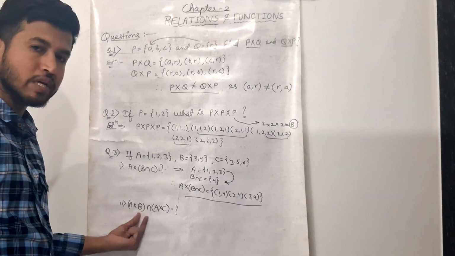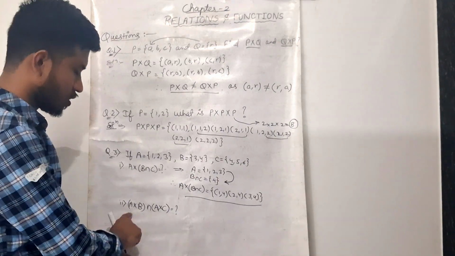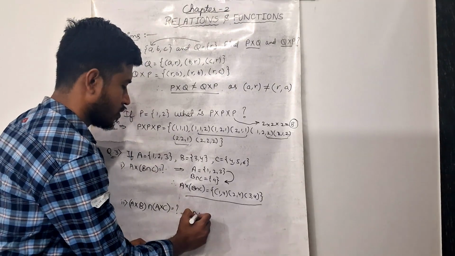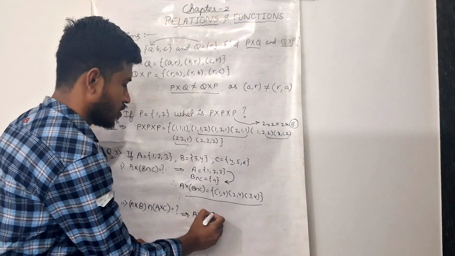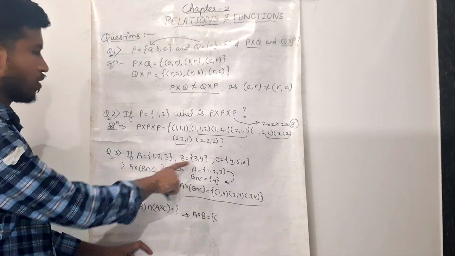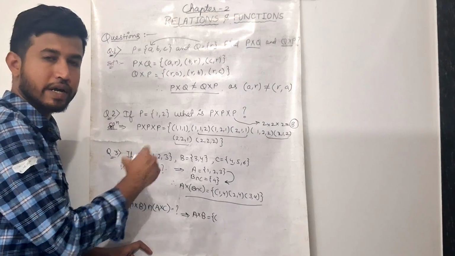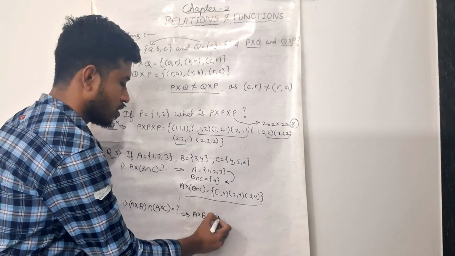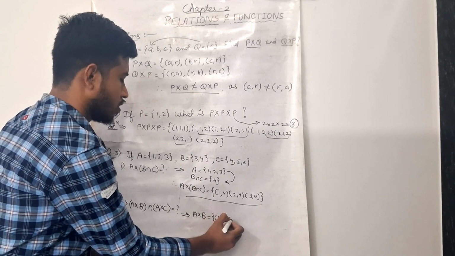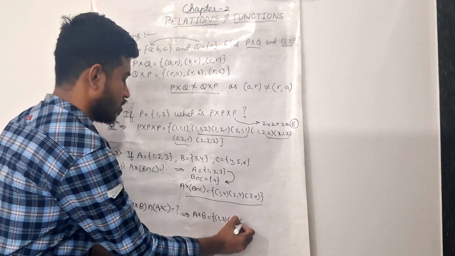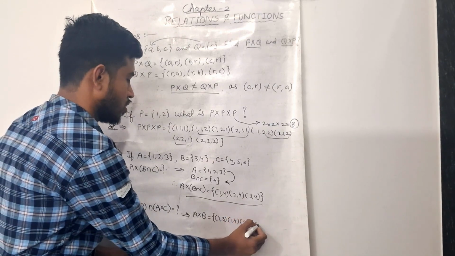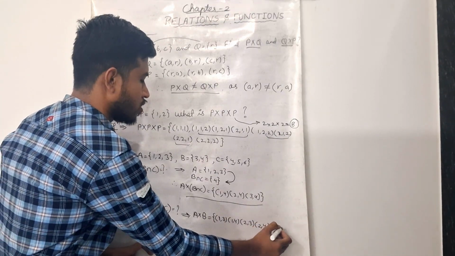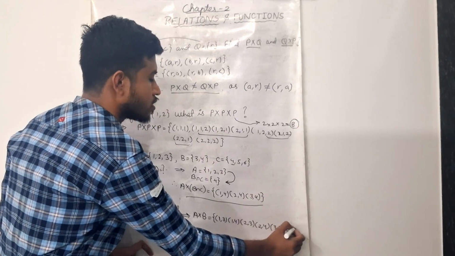We have to find (A cross B) intersection (A cross C). First we will find A cross B. What is A cross B? It is the relation defined from set A to set B: (1, 3), (1, 4), (2, 3), (2, 4), (3, 3), and last (3, 4).